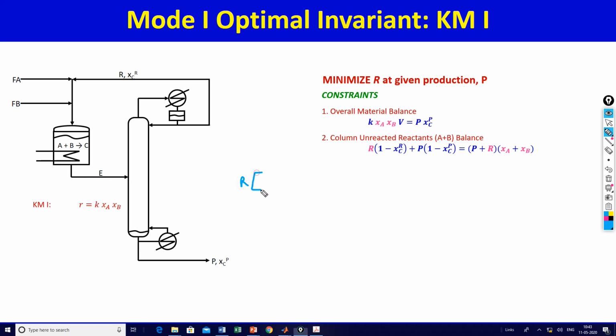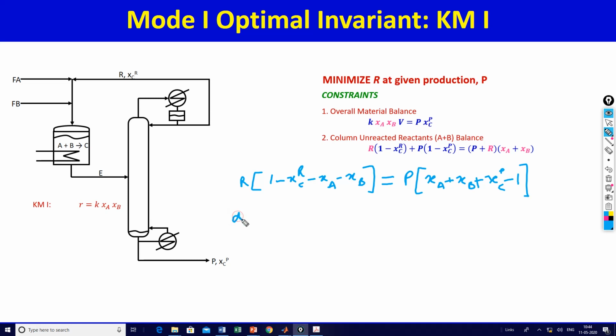So we'll have R times 1 minus XCR minus XA minus XB, which must be equal to P times XA plus XB minus 1 plus XCP. So that's just rearranging the above equation, and now differentiate both sides.